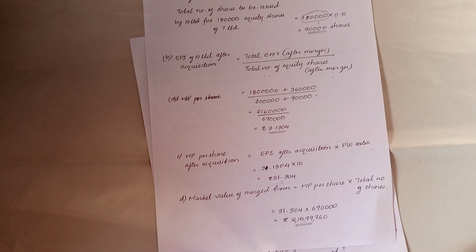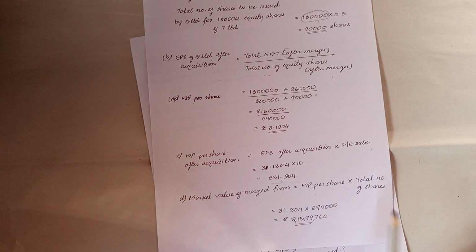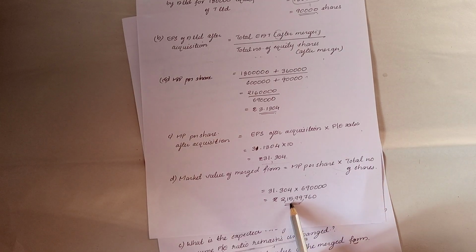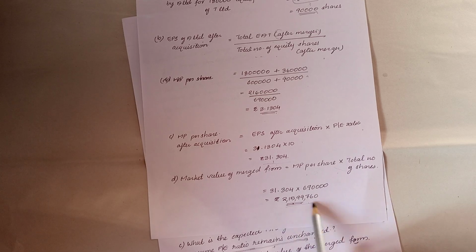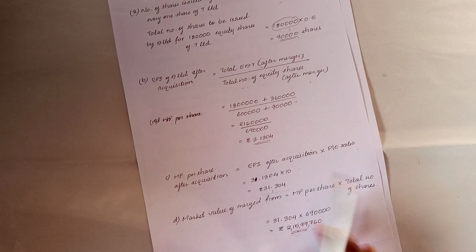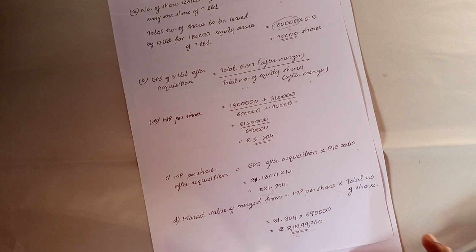They already have 6 lakh outstanding shares. Then they issued 90,000 shares after merger. So the total number of shares is 6 lakh 90,000. So the market value of the merged firm is 2 crore 15 lakh 99,760. This is the market value of the merged firm.